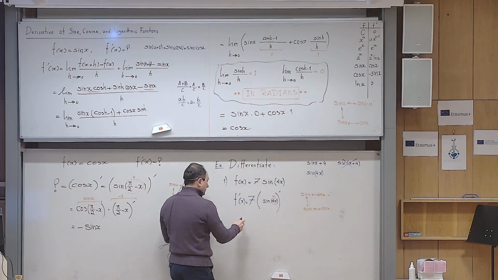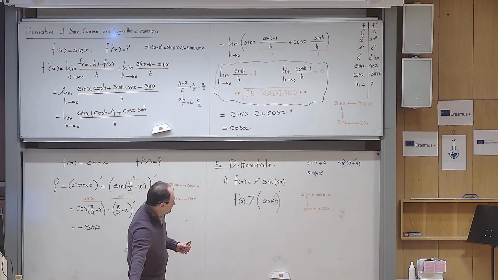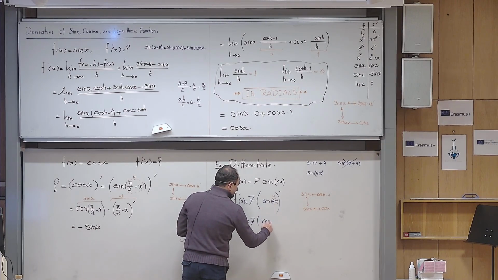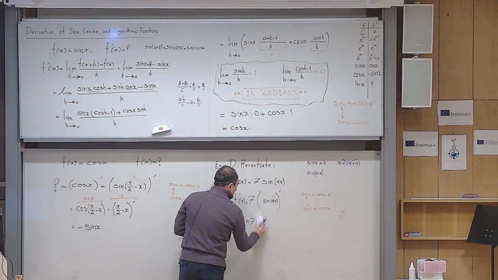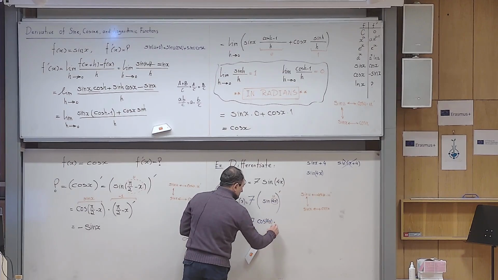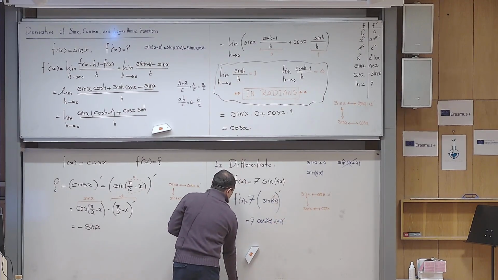So I will write it as 7, and then this becomes cosine u, multiplied by u prime. But what is u prime?